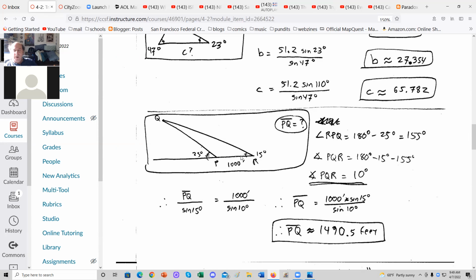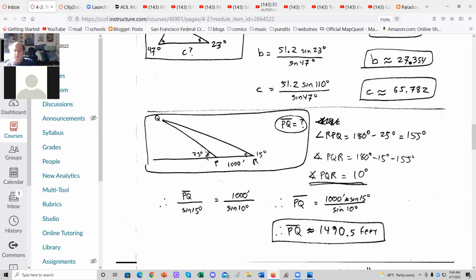First, we have this angle here, but we really need to find this angle here. So RPQ, this angle is the supplement of 25 degrees: 180 minus 25 is 155 degrees. A 155 degree angle in here, a 15 degree angle here.